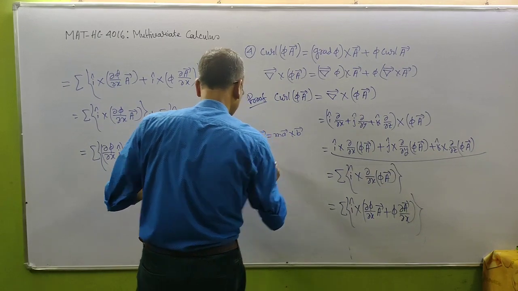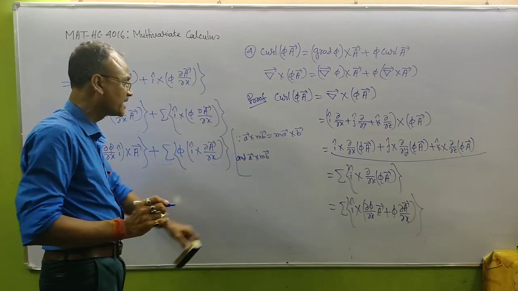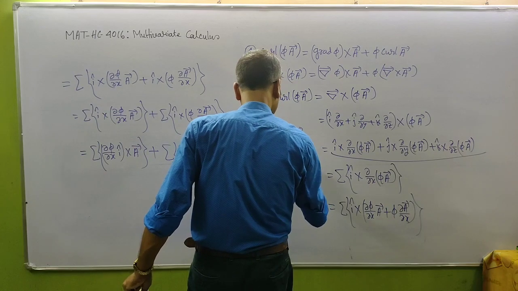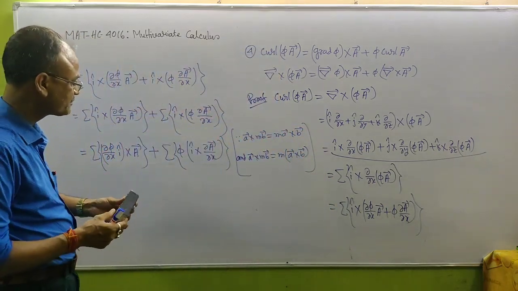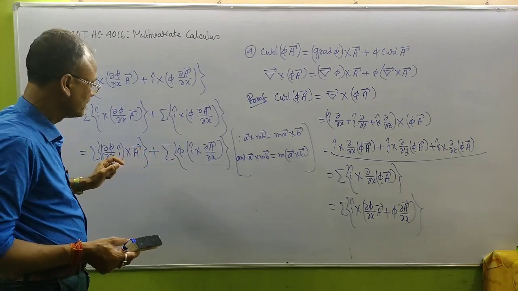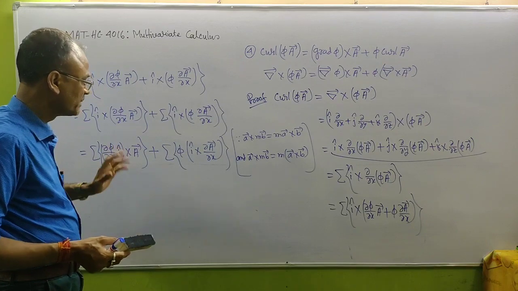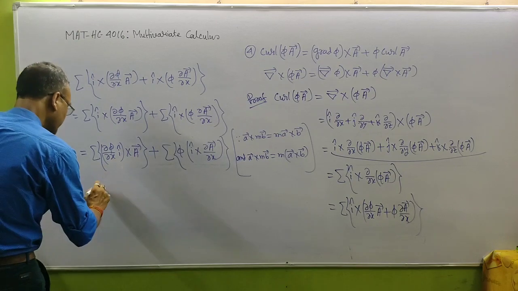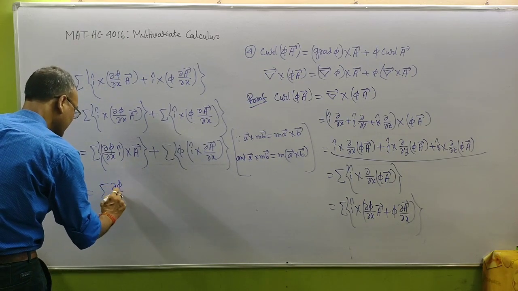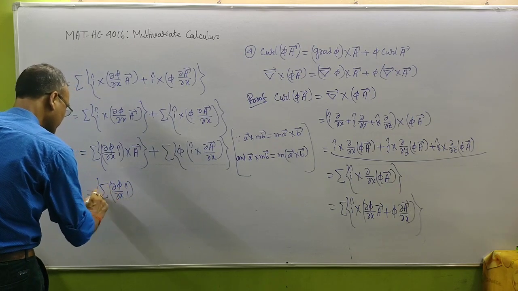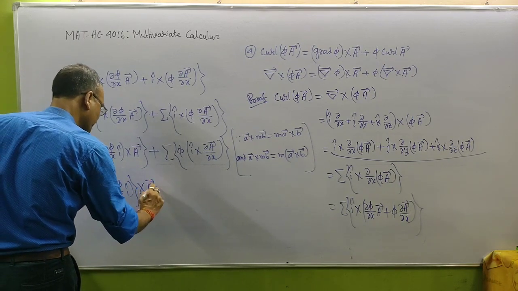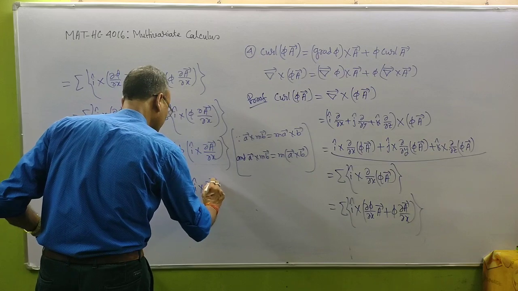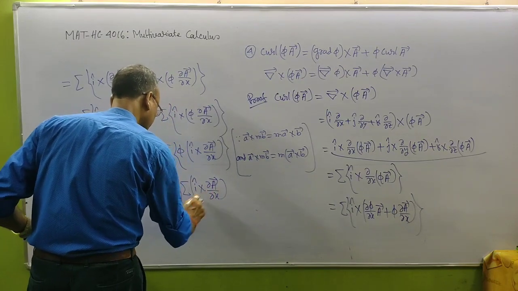It is also of the form A cross mB, where m is a scalar, and A and B are vector quantities, which is equal to m A cross B. This is equal to, it is independent of summation, del phi by del x i cap cross A vector plus phi summation. You may write like this. Am I right?